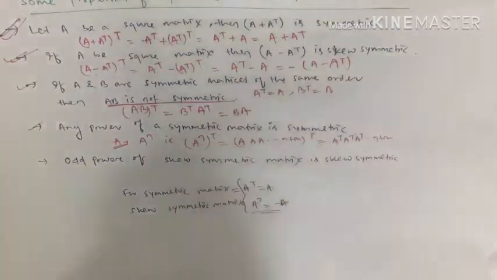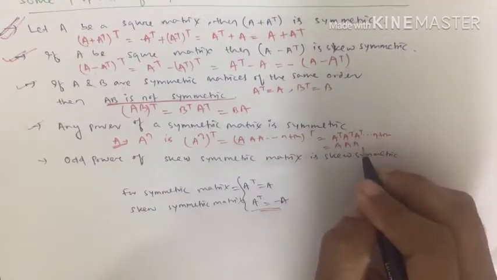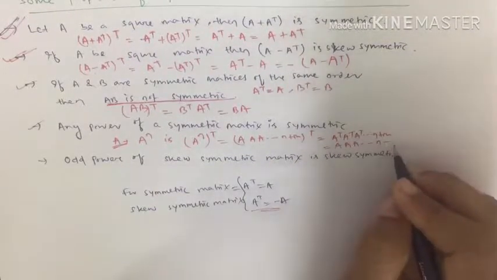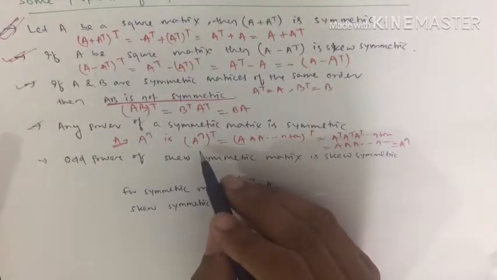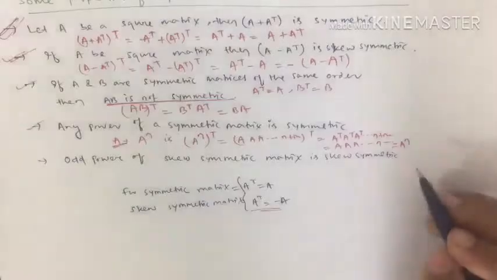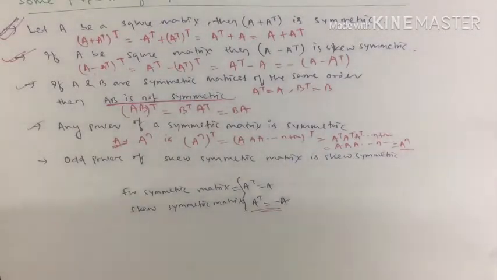So as A is symmetric, you will get A into A into A up to n times. So you simply come back with A to the power n. So the transpose of A to the power n is equal to A to the power n. So you can verify any power of a symmetric matrix is symmetric.